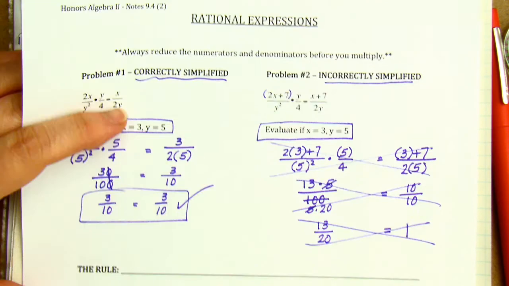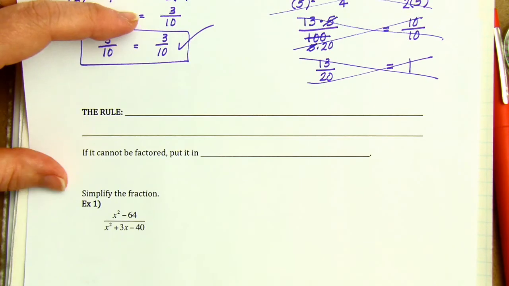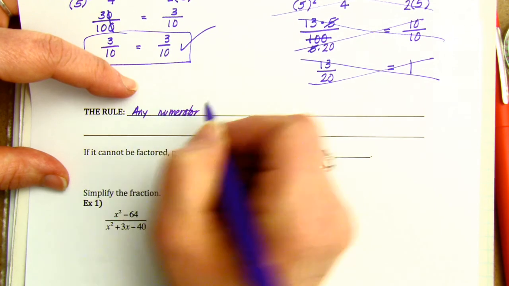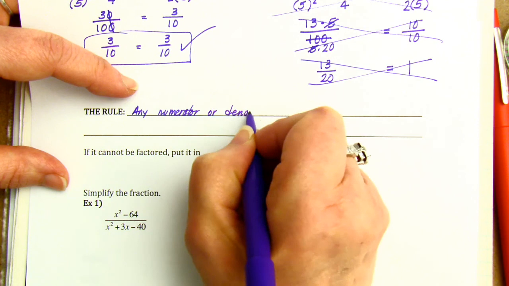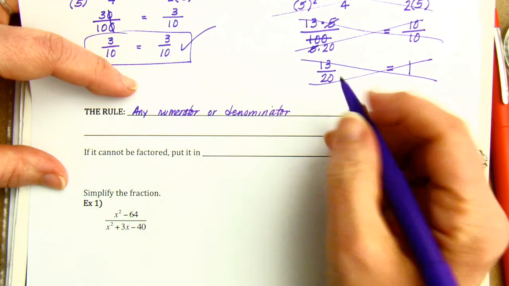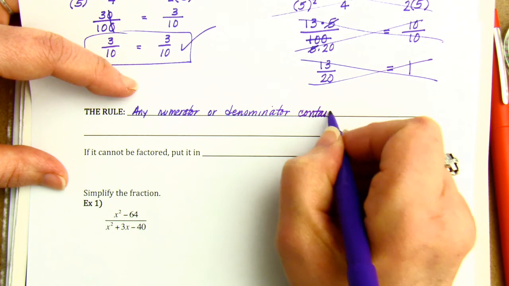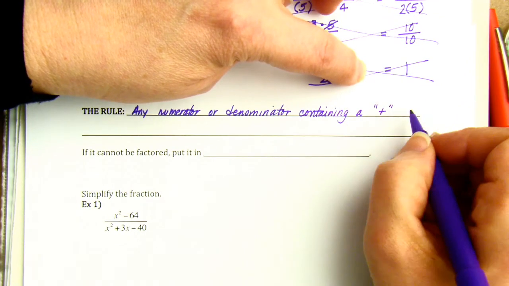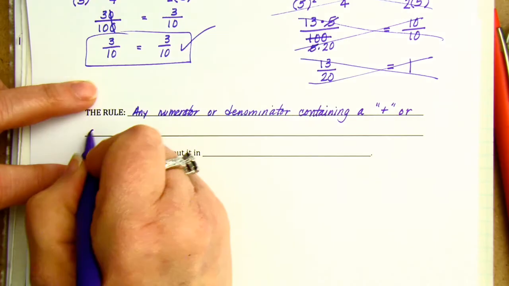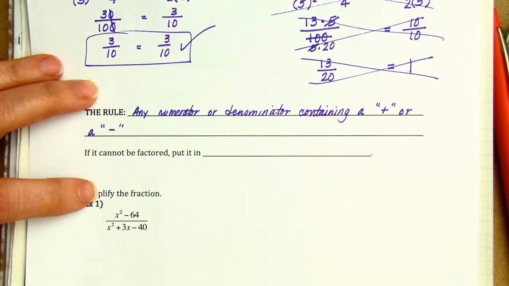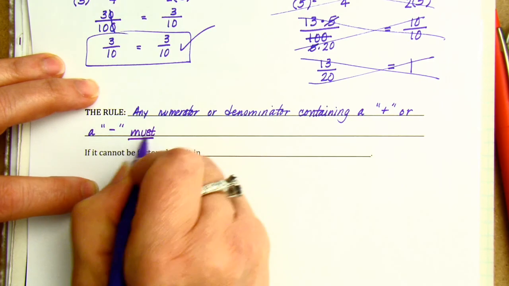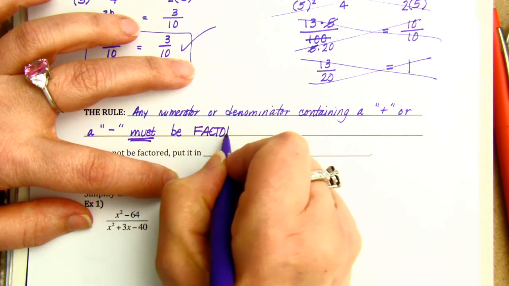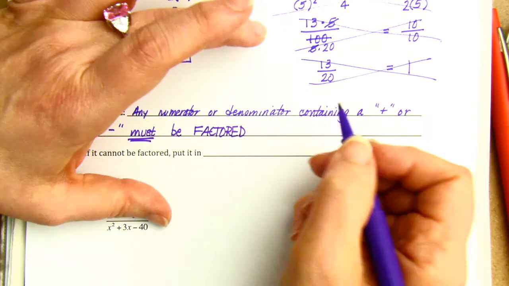All right, so what does it say here? The rule. Any numerator or denominator containing an addition sign or a subtraction sign must be factored before simplifying.